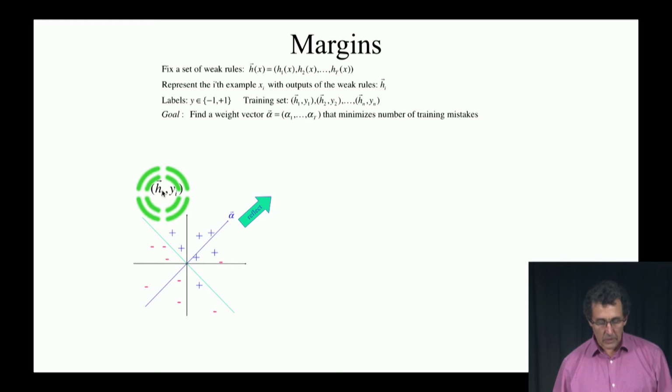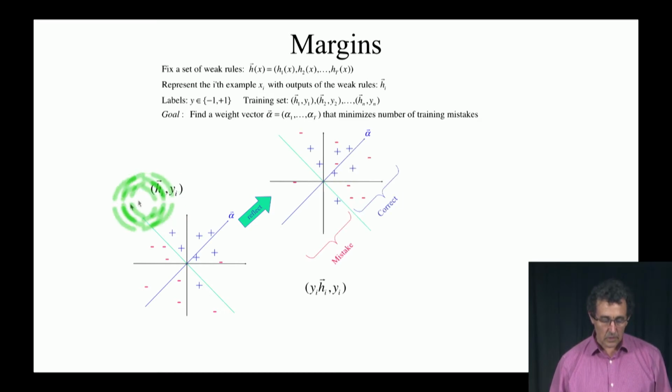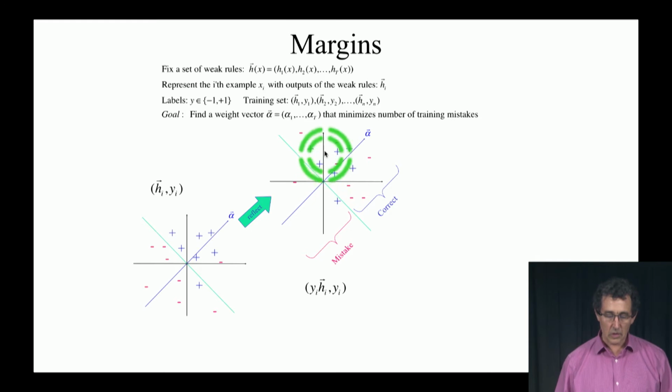Now, it's a little bit tricky to think about it this way, so to make it a little bit easier, we're going to reflect the examples that are negative. So we're going to reflect them through the origin, and basically now, instead of having a side that is predicted plus and a side that is predicted minus, we have a side that is predicted correctly and a side that is predicted incorrectly. Okay?